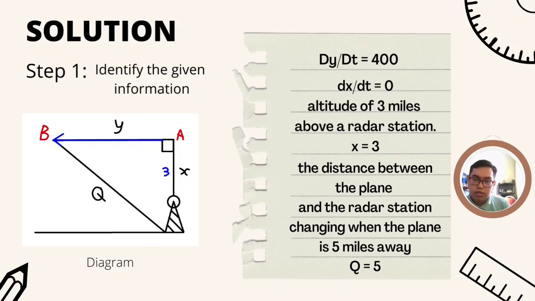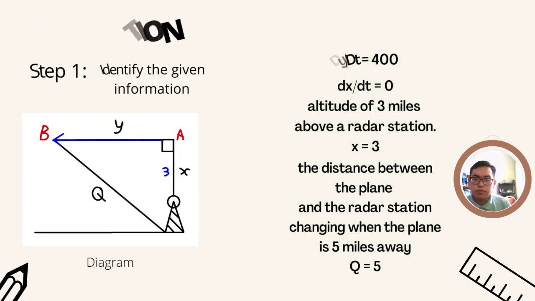If the altitude changed, then dx/dt would also change. So we identify the altitude as x. Next is the distance between the plane and the radar station when the plane is 5 miles away. So we are going to denote that as q.